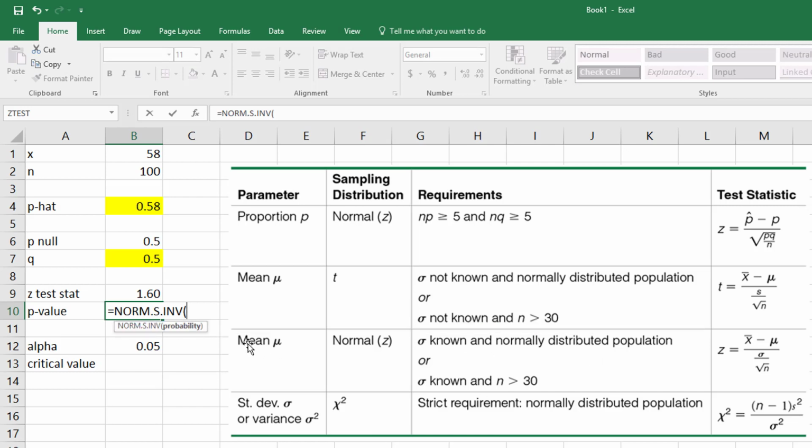And now it asks me for my probability, so that's not the right one, .dist. Okay, so I'm going to use the INV for the one below. So norm.s.dist, open up parentheses. It is asking me for my Z value, comma, and it's always true. That just says add all the area up to that value.